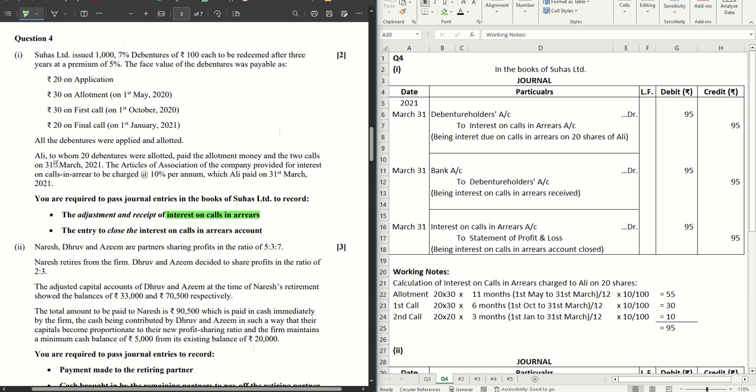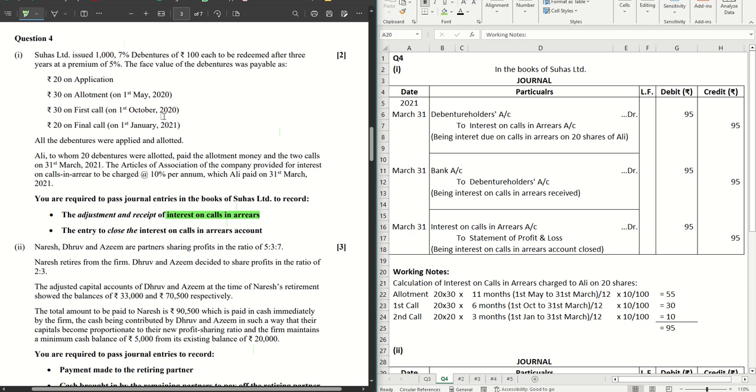Since he has passed the due dates, he is supposed to pay interest to the company as he did not pay on time. As per the Articles of Association, the company is going to charge interest at the rate of 10% per annum.